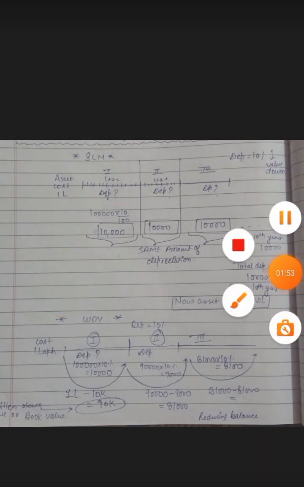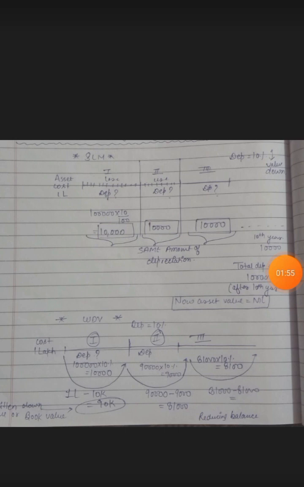Now we understand this example in the WDV method. In the WDV method, we also take the cost of the asset as 1 lakh and the rate of depreciation as 10%. First year we use this machine, second year we use this machine, third year we use this machine. But WDV is also called the reducing balance method.